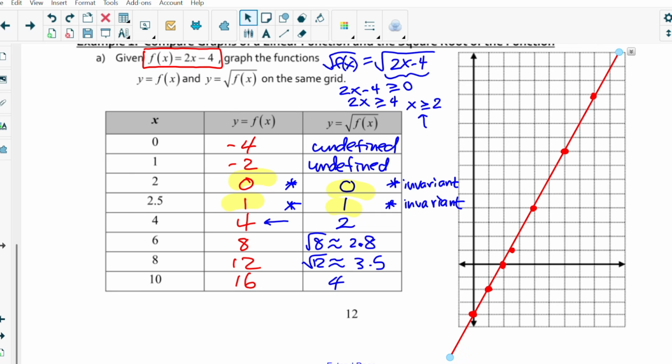Okay, there we are, and let me just color that in as red, and that's our first line.